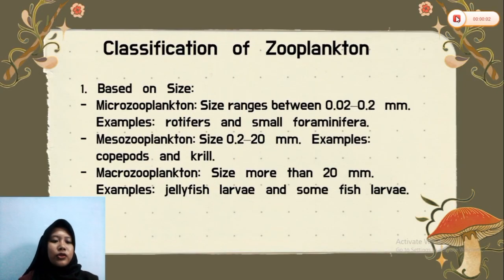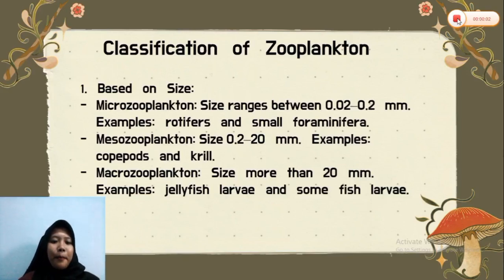There are two classifications of zooplankton, namely the first, based on size. Microzooplankton size range between 0.0 to 0.2 millimeters. Example, rotifers and small foraminifera.